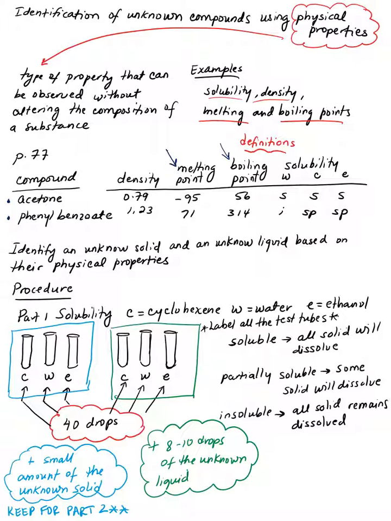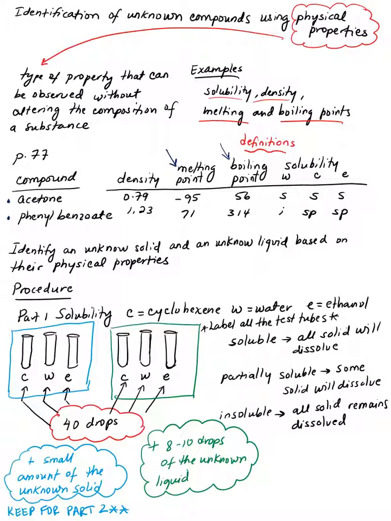And now you're going to test in your 3 different solvents, the ones that I have here in my box in blue, you're going to test your solid. And then the ones that I have here in the green box, you're going to use to test the solubility of your liquid. So you're going to put 40 drops of each solvent in your 6 test tubes.